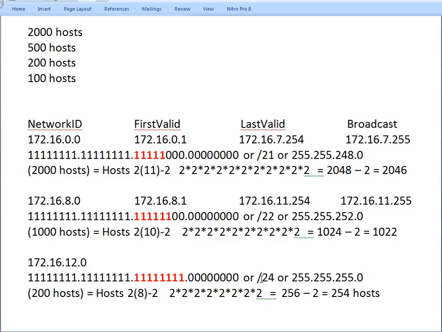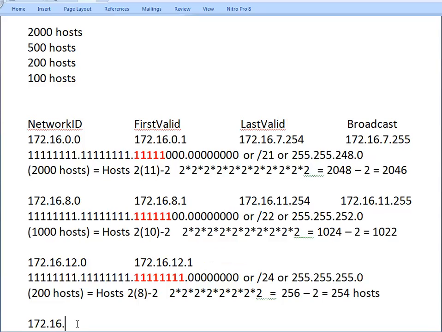Now the first valid address is the network ID plus 1, so 12.1. For the last valid address and broadcast, it's better if you find the next network ID. Next network ID, 172.16, I can just write it. Now, the separation is happening on the third octet, between the third and fourth. So this bit is on the third octet, and it represents 1. So we still have to increment the third octet by 1.